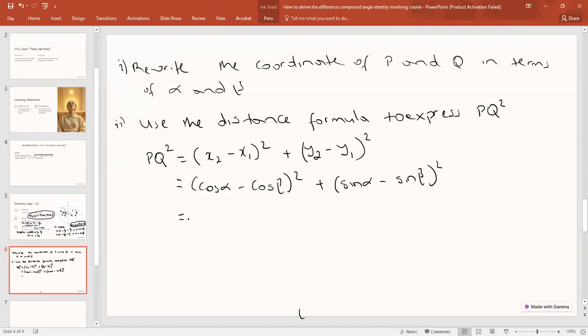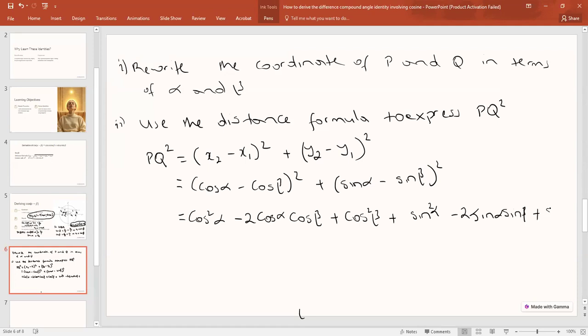We now expand to obtain cosine squared of alpha minus 2 cosine of alpha times cosine of beta plus cosine squared of beta. On the other side, it expands to sine squared of alpha, minus 2 sine of alpha sine of beta plus sine squared of beta.